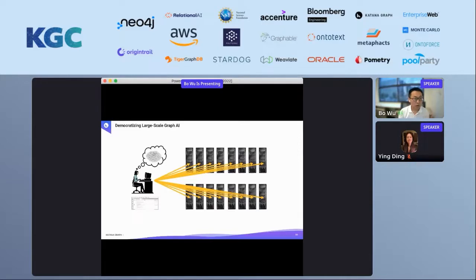So the goal of our system is to address these challenges and provide the users with a notebook front end, very easy to use. So they can just use a simple Python-based abstraction to run very large graph AI workloads on a cluster.